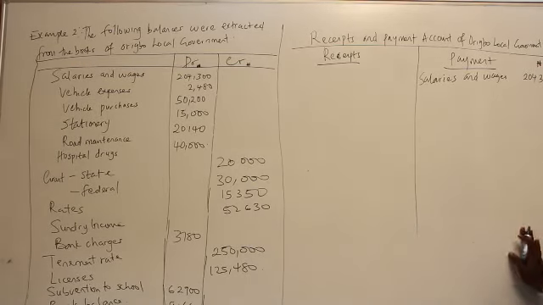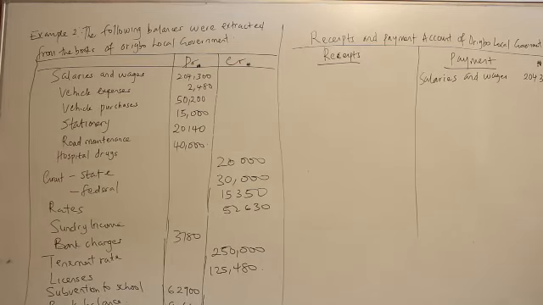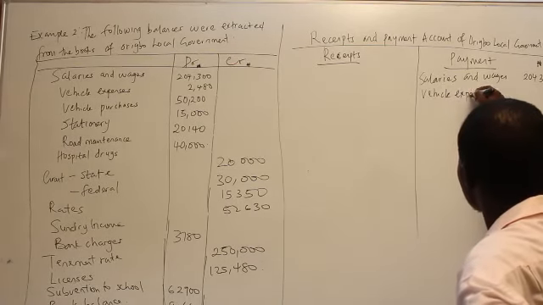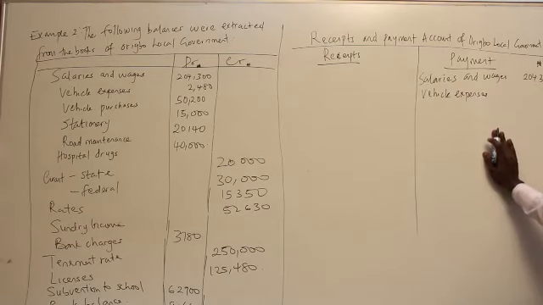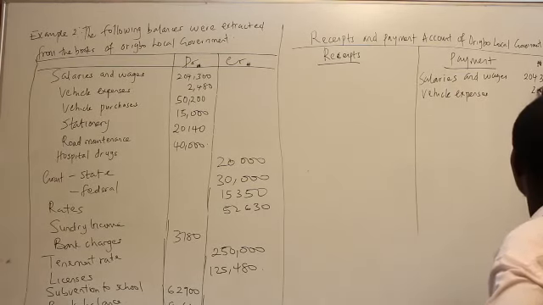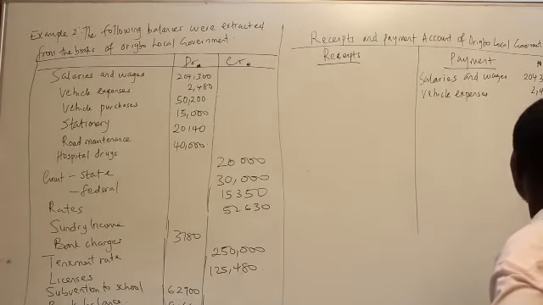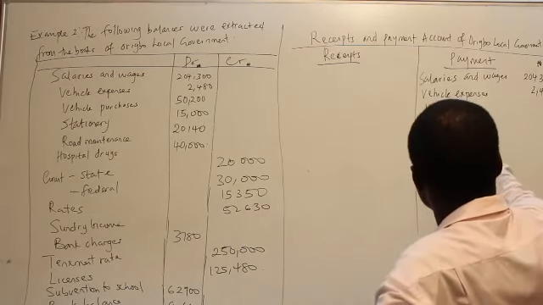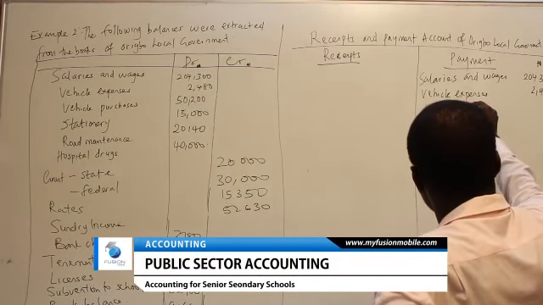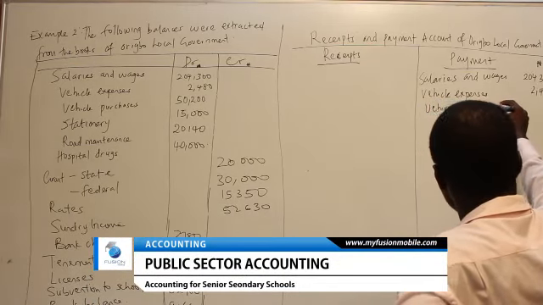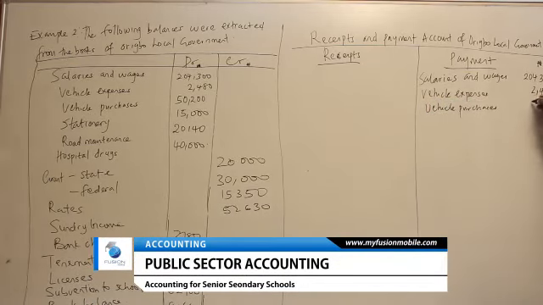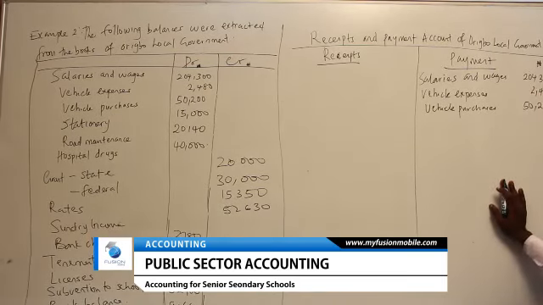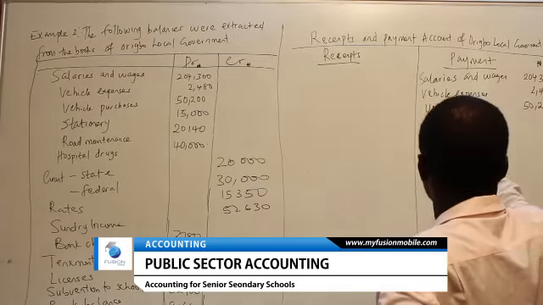204,300. Now, vehicle expenses. So we have 2,480. So we have vehicle purchases. It's also a payment. We have 50,200. We have stationery, which is also a payment.